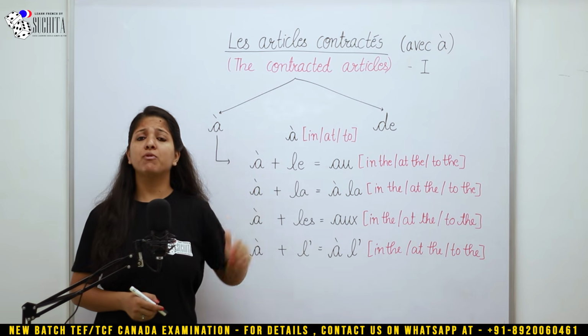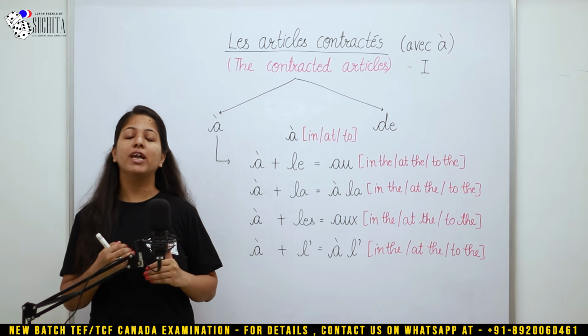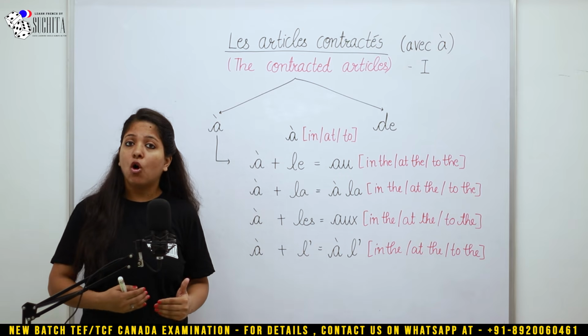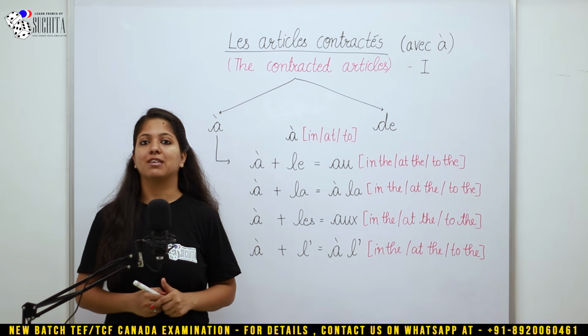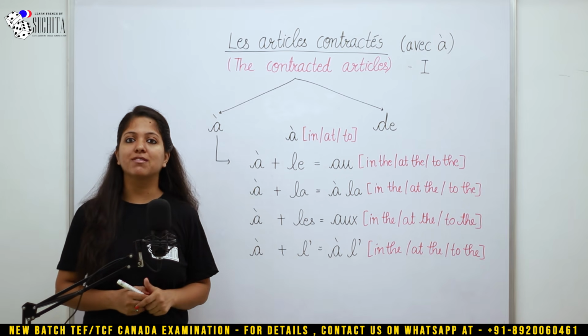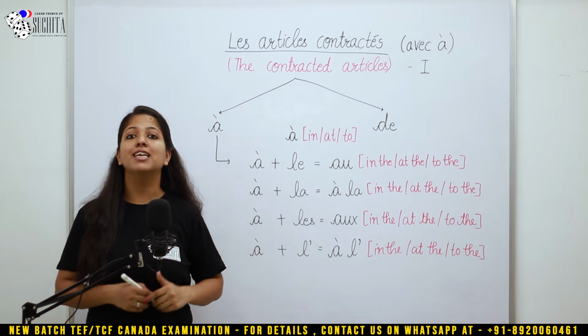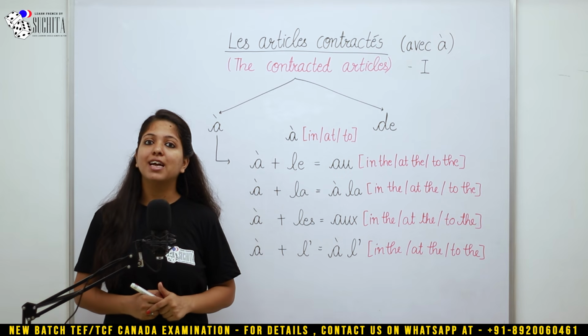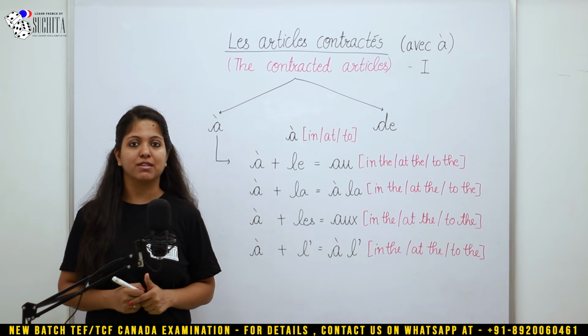Allez, before I begin with the contracted articles, I would like to give you a brief recap of the various types of articles. So the first types of articles that we learnt was les articles indéfinis, which means the indefinite articles.